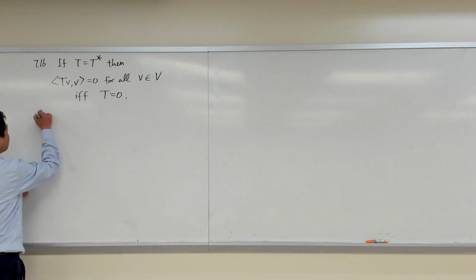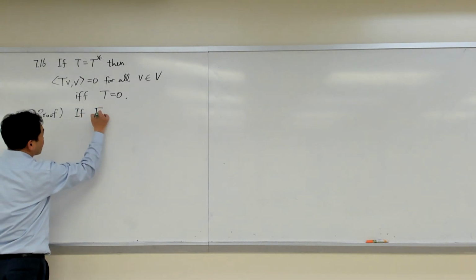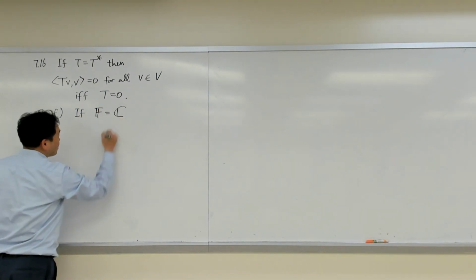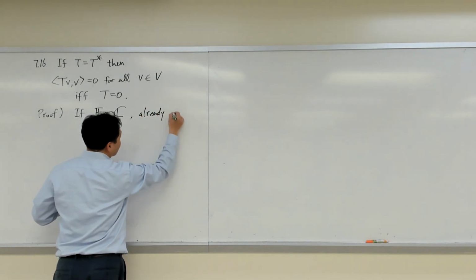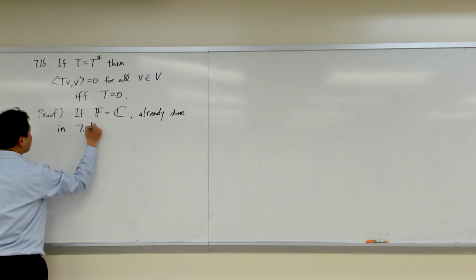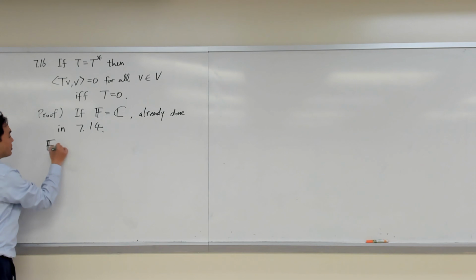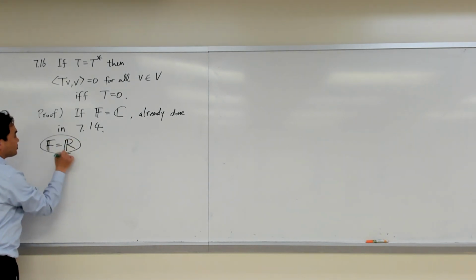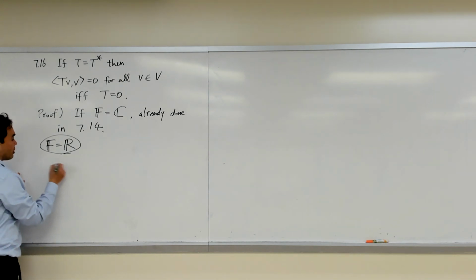So proof for the base field being C, already done in 7.14. Okay, so we only need to think about the base field when it's R. And for that R, what we do is we have the following identity.